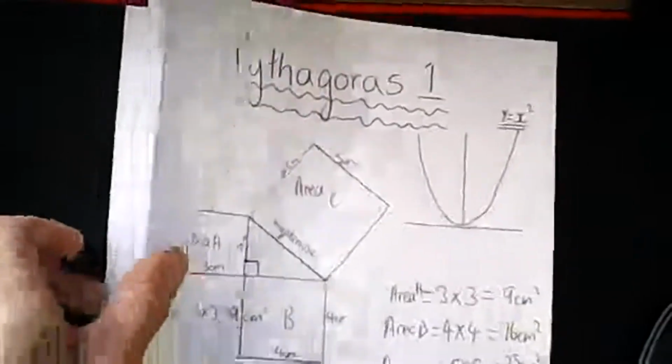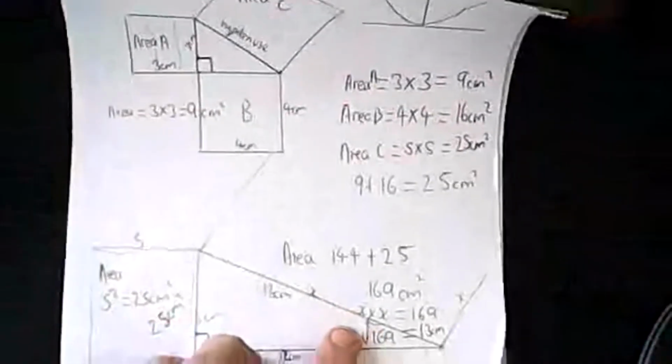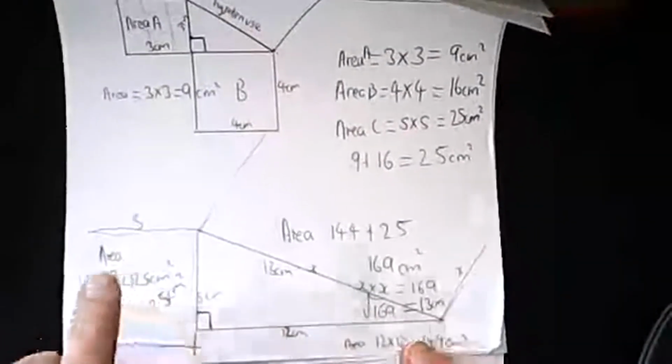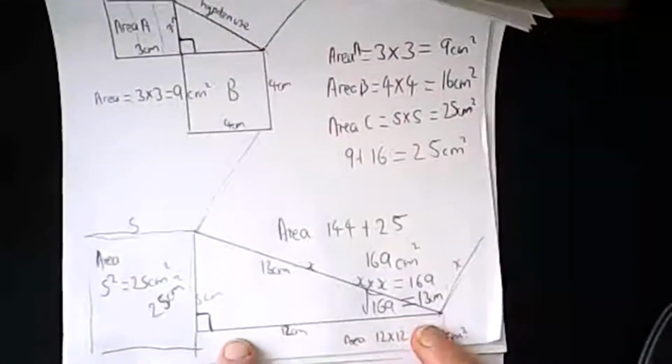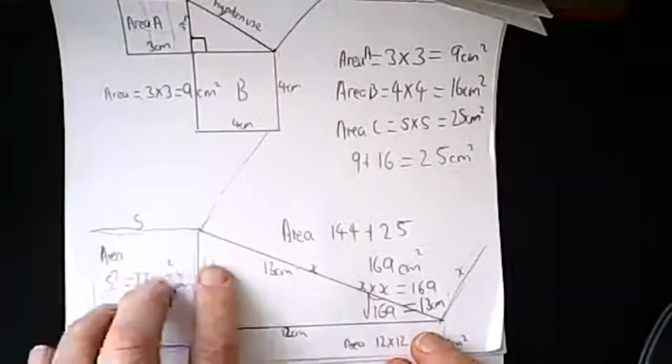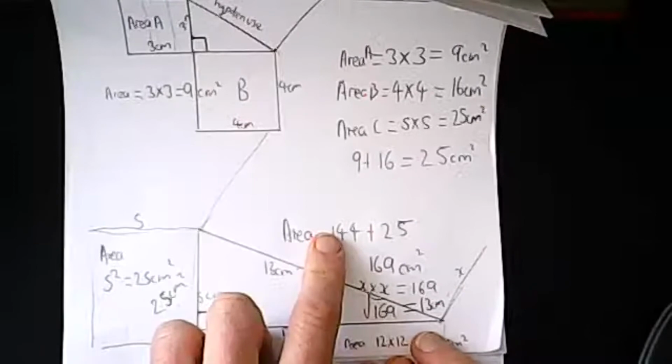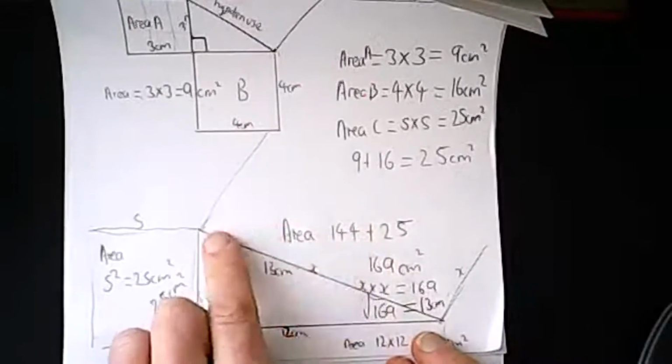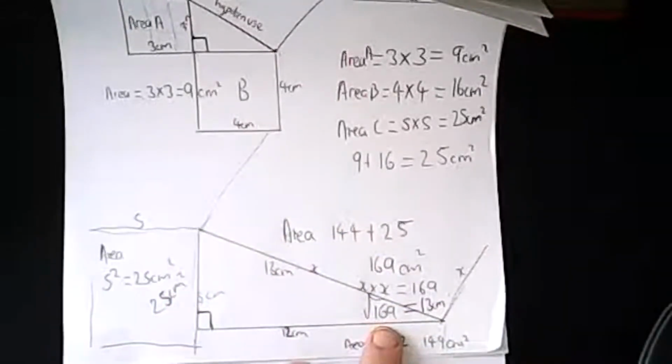Then we've learned how we can use that idea to work out a missing side by finding the area of the two smaller squares, and that makes the area of the hypotenuse squared. And then to find the actual side, we reverse the square idea with a square root.